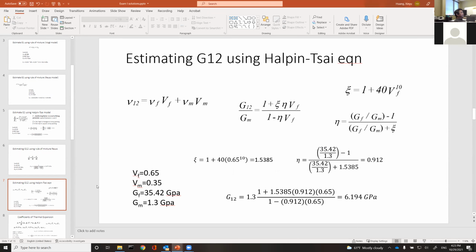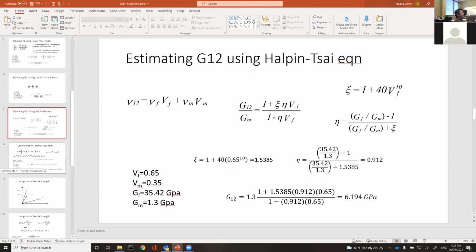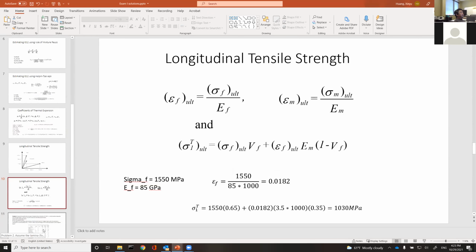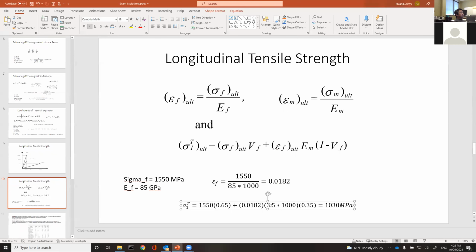So okay, thank you very much for letting me know. Okay, let's get back to this. We're calculating the tensile strength in one direction. So we just plug and chug. We put the number in here. The fiber strength is 1550 megapascal.